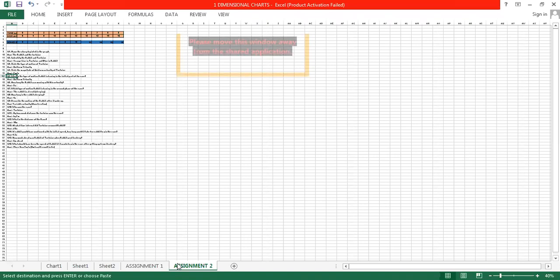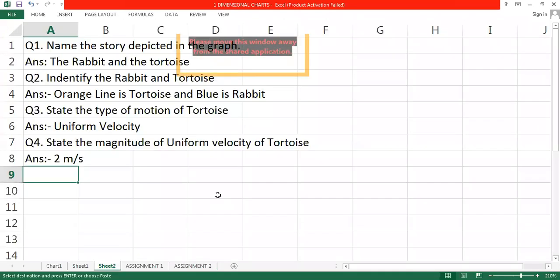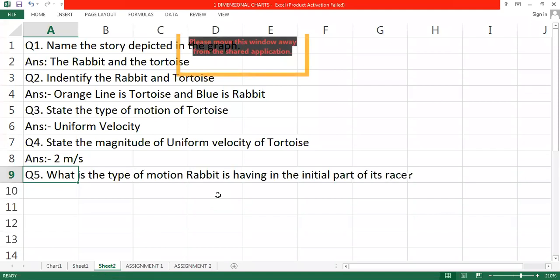We are having challenging questions for you. Very challenging questions. Chalo, start. What is the type of motion the rabbit is having in the initial part of its race? Now understand we are talking about the rabbit. So look at the character of the rabbit and say which type of motion the rabbit is having in the initial part of its race.